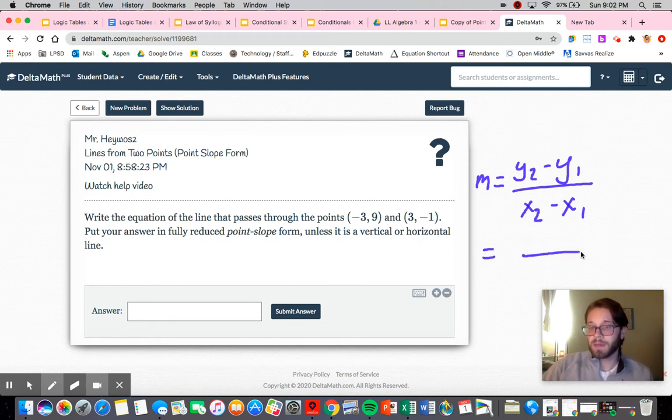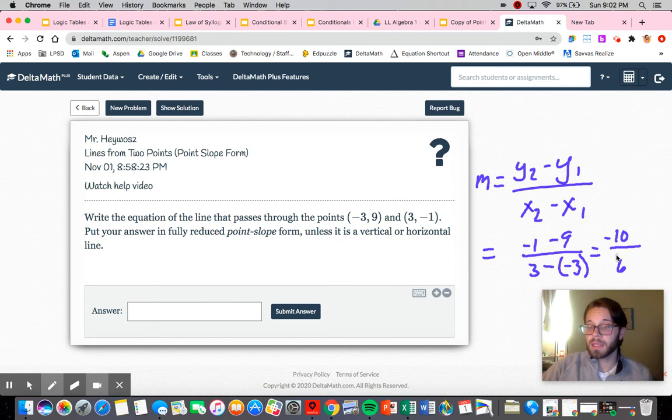So I'm going to do minus 1, minus 9, over 3, minus, and then don't forget it's minus a negative 3. So we get negative 10 over, and that's 3 plus 3, which is 6. Now, I'm not going to leave it like this.